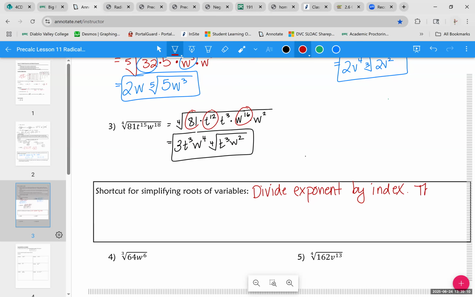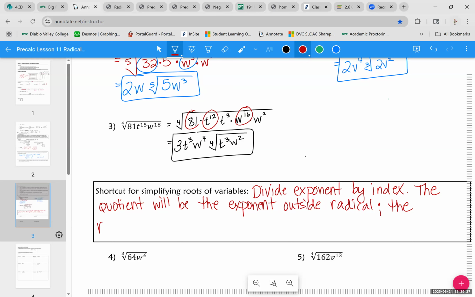The quotient, the answer part of the division, will be the exponent outside the radical, the part that you pull outside, and the remainder will be the exponent under the radical.